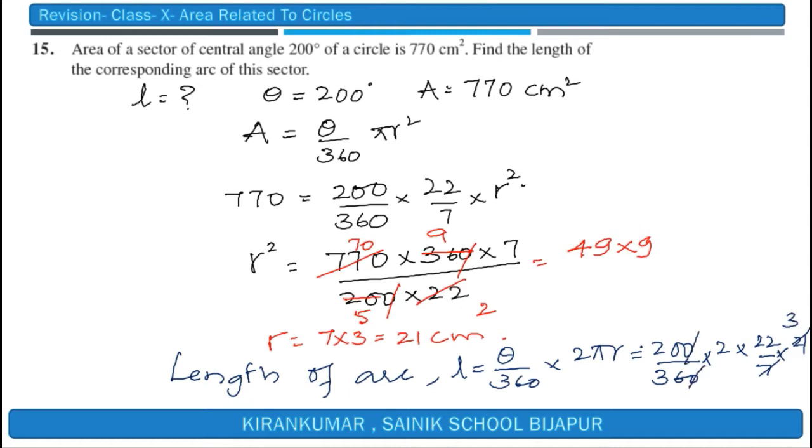So the 0 gets cancelled. 4 5s are 20, 4 9s are 36. We have 220 divided by 3, which is 73 1 by 3 centimeters.